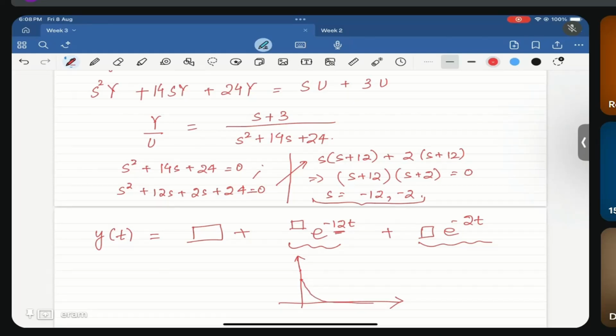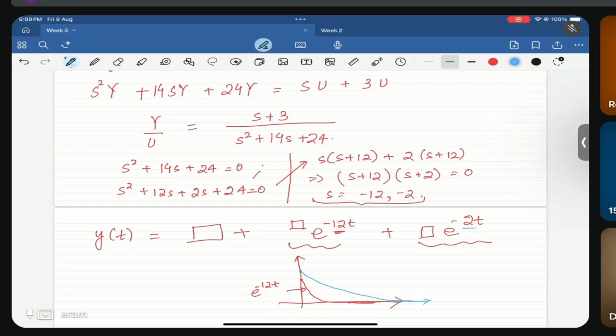What about e to the power minus 2t? Let's say it will start at some value, but it will go to 0 more slowly, because it has a factor of minus 2, which is less in magnitude than minus 12, so it will go to 0 very slowly compared to e to the power minus 12t.